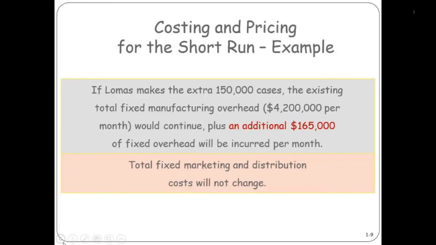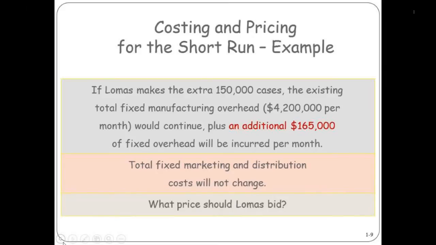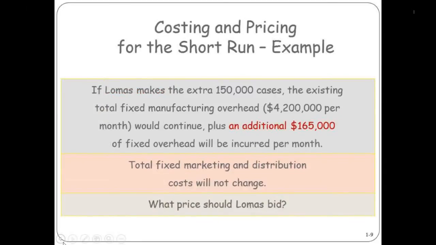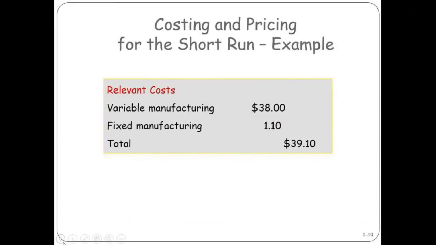And that's manufacturing costs. The other costs don't change. So let's look at the relevant costs from our variable manufacturing and our fixed manufacturing differential. This is the difference in fixed manufacturing, right? Based upon the 165,000 additional cost, 150,000 units is this, $1.10.